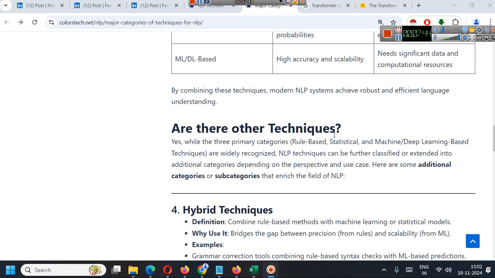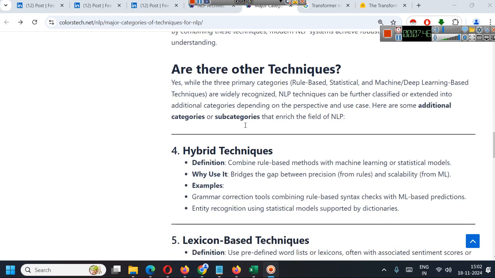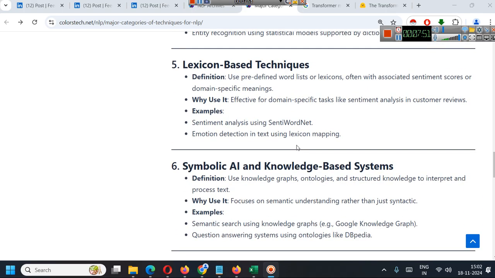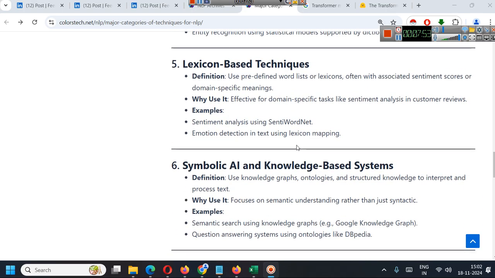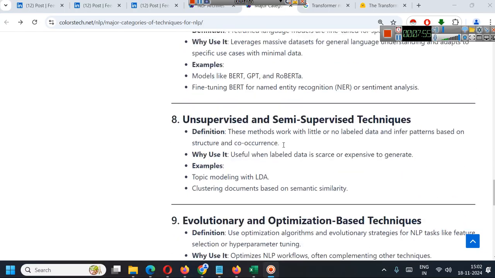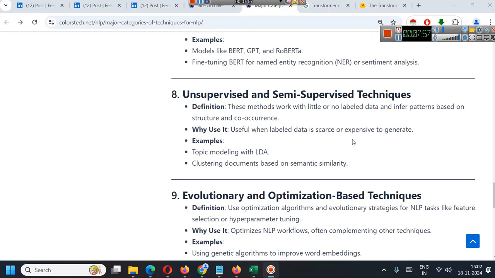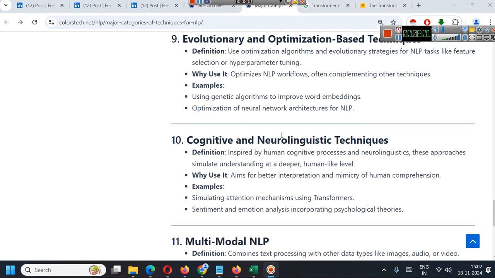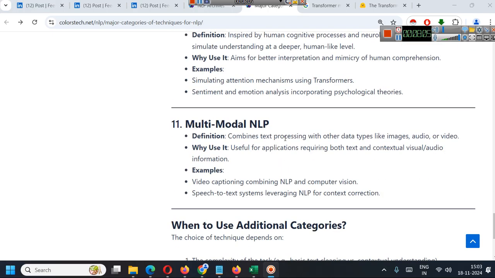Are there other techniques? Yes, there are other techniques like the hybrid technique, the lexicon based technique, symbolic AI and knowledge based systems, transfer learning technique, unsupervised and semi-supervised techniques, evolutionary and optimization based techniques, cognitive and neuro-linguistic techniques, and multimodal NLP, which combines text processing with other data types like image, audio, or video.